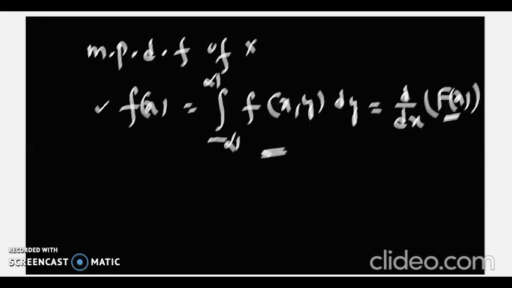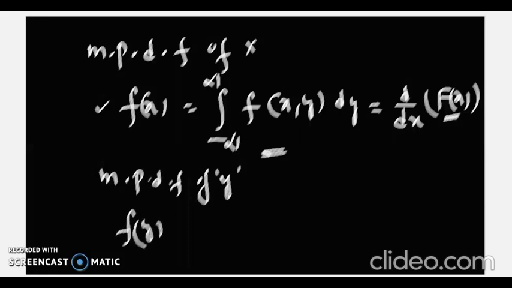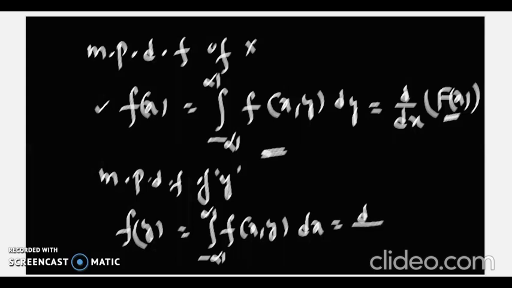And the marginal probability density function of y is given by f of y equal to the integral from minus infinity to infinity of f of x comma y dx, which can also be obtained by the formula d by dy of capital F of y.